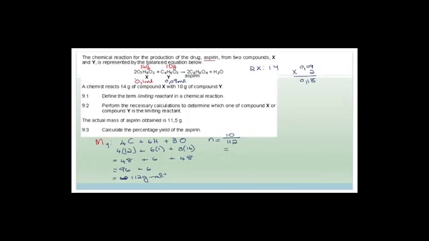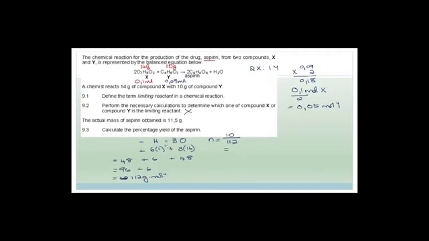X is my limiting reagent, because for every 0.1 moles of X, I only need 0.05 moles of Y. So once I've used up X, I'll still have some Y left over. So therefore, my limiting reagent is X. Okay, compound X is my limiting reagent.